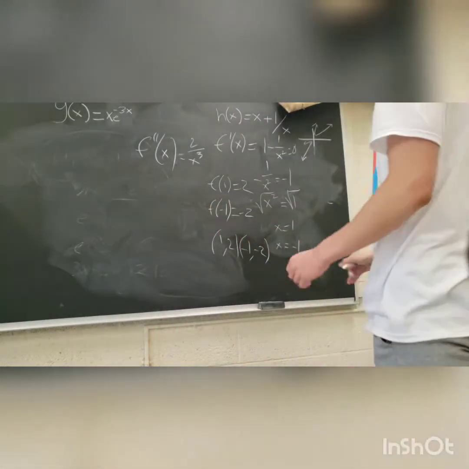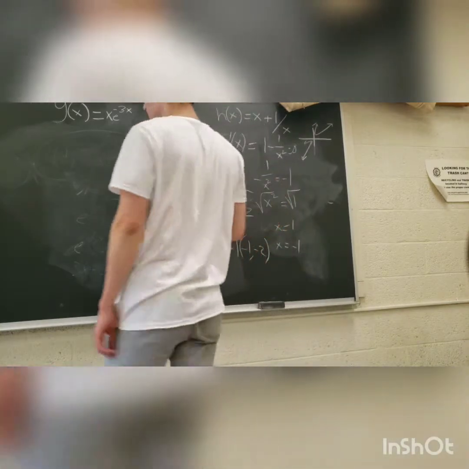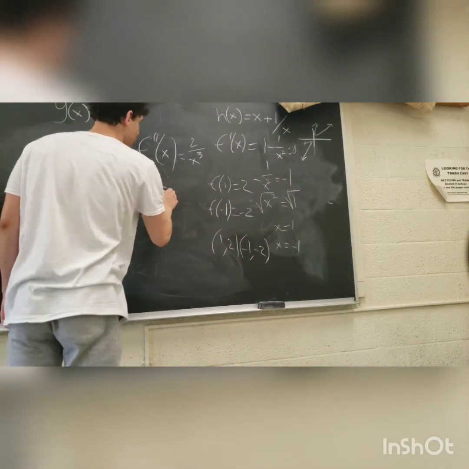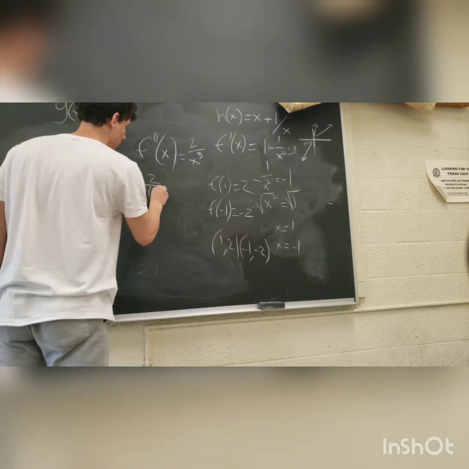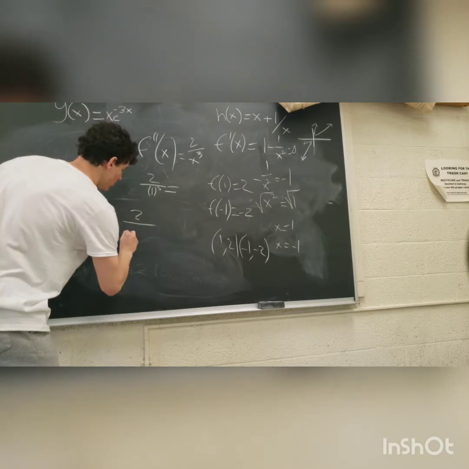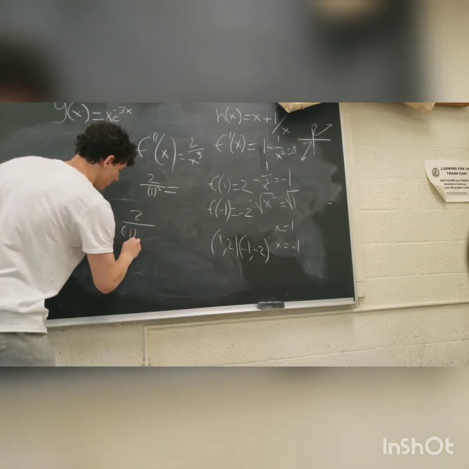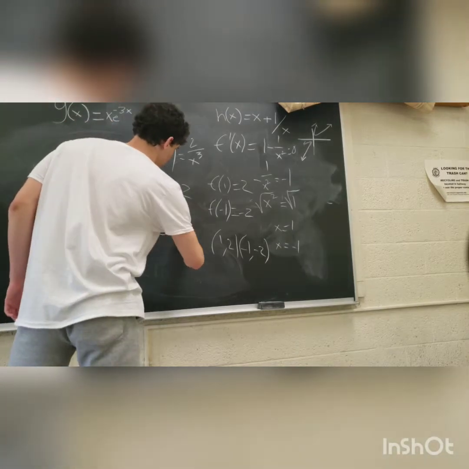Now all you need to do is plug your 1 and your negative 1 into x. So you've got 2 over 1 to the third, and you also have 2 over negative 1 to the third. And you get 2, and you get negative 2.